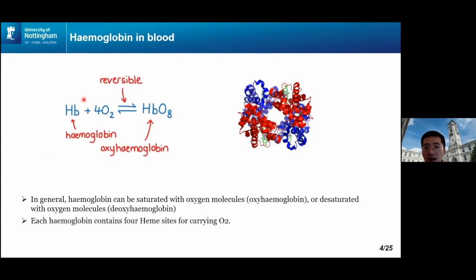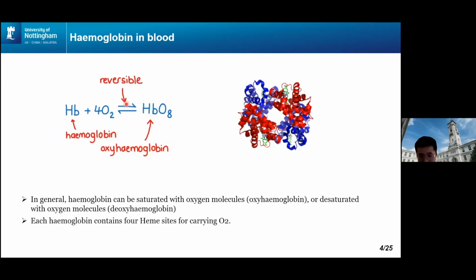As the left hand formula shows, each hemoglobin contains 4 heme groups for carrying oxygen. So in general, the hemoglobin can be saturated with oxygen molecules. In this situation, we call it oxyhemoglobin. On the other hand, as the formula shows, it is reversible.